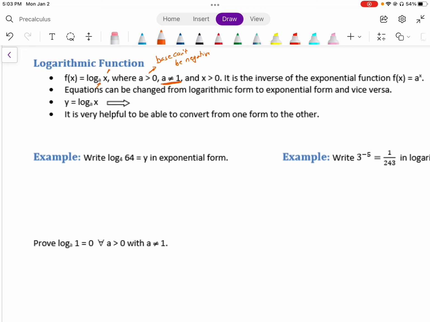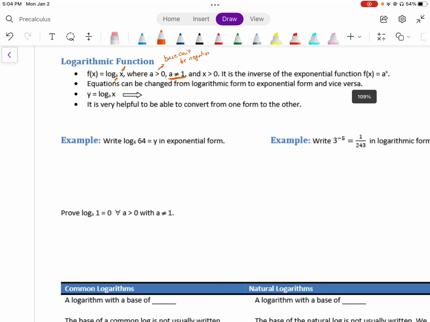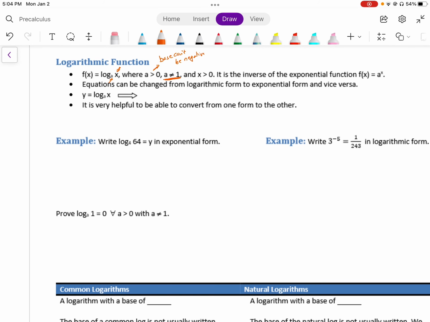So also this can't be negative. It can't be 0, it has to be greater than 0. It is the inverse of the exponential function f of x equals a to the x. So it's the inverse of something like we just did. We just graphed y equals 2 to the x. And so the inverse would be y equals log base 2 of x.